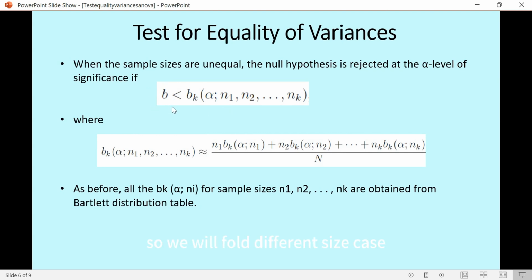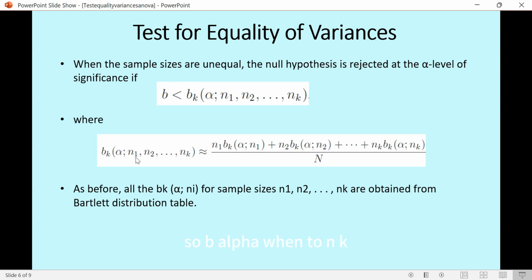For the case of different sample sizes, the Bartlett value from the sample is compared with the critical value from Bartlett's distribution. But the distribution has only one sample size. So b_k alpha n1, n2, nk is approximately equal to the weighted mean of the different Bartlett critical values.